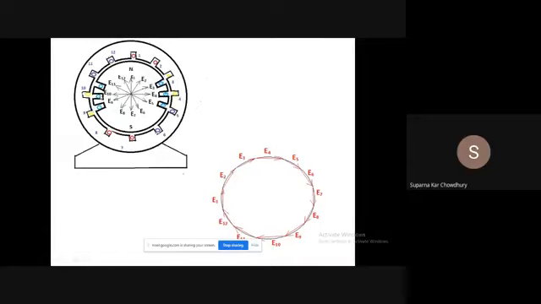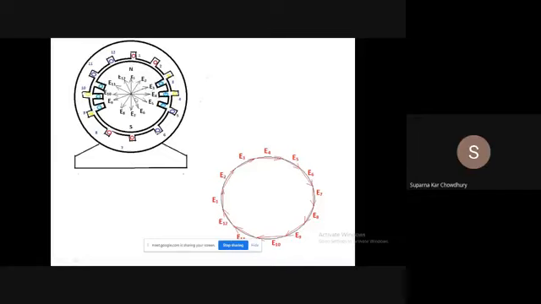Actually your flux linkage is maximum when the armature axis and the field axis are coincident, and the EMF is maximum when they are 90 degrees apart.